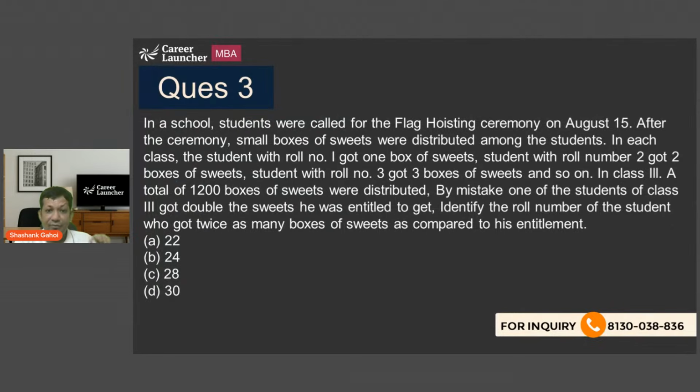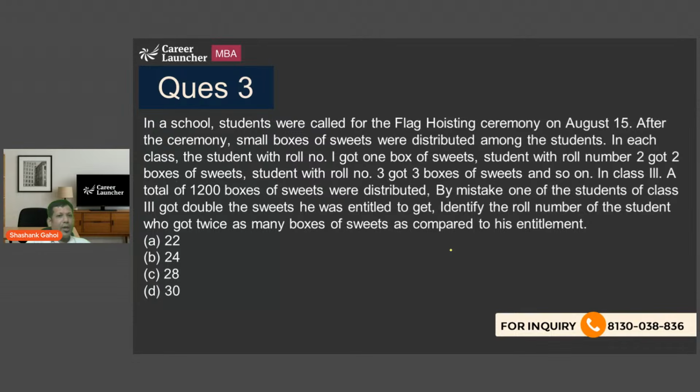Now this one. This is a very good question. I will give you some time to read it. Take some time, read, understand, and think what might be the approach. So how can we solve it, how can we get the answers?